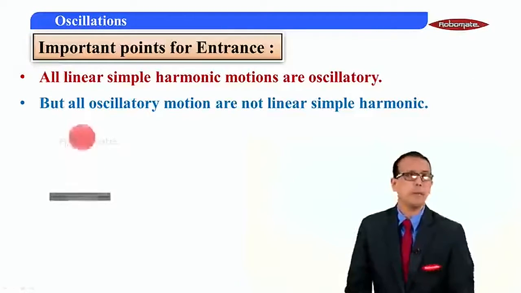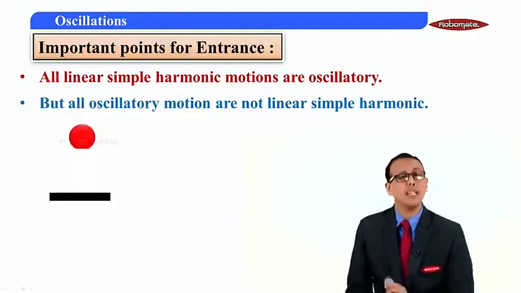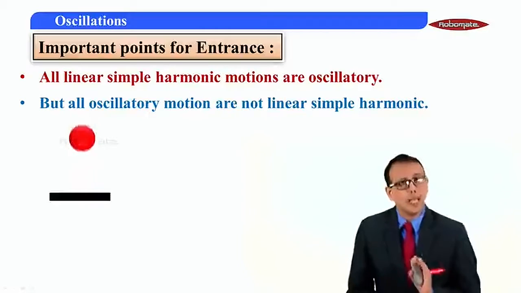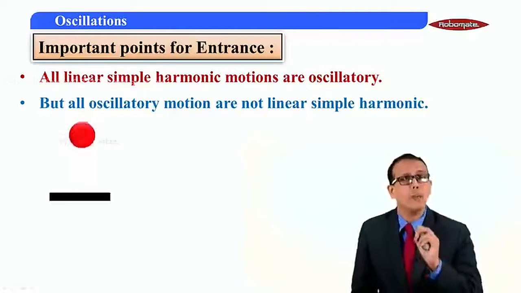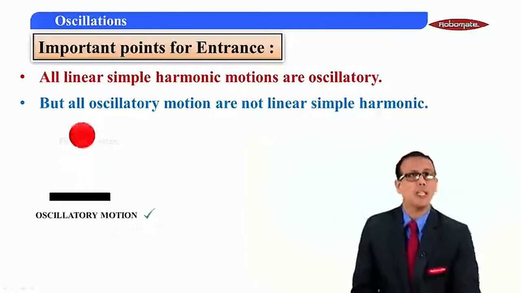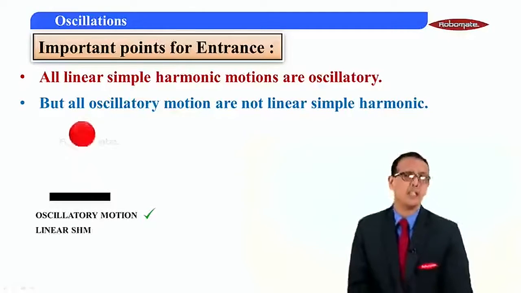For example, say a ball is dropped from a height and strikes a floor. Let us assume the collision is perfectly elastic. As a result, the ball will bounce between two points. It is performing a to and fro motion. So, yes, it is oscillatory in nature. But is it a linear SHM?